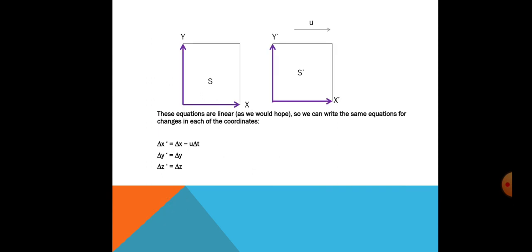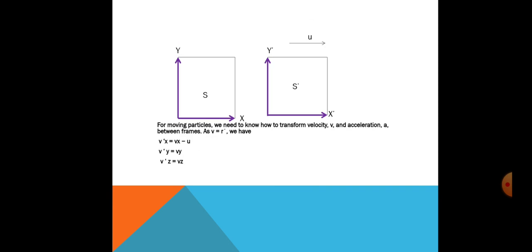Next, these equations are linear, so we can write the same equation for change in each of the coordinates. So here change in x dash is equal to change in x minus u into change in time. Similarly, we can write delta y dash is equal to delta y and delta z dash is equal to delta z.